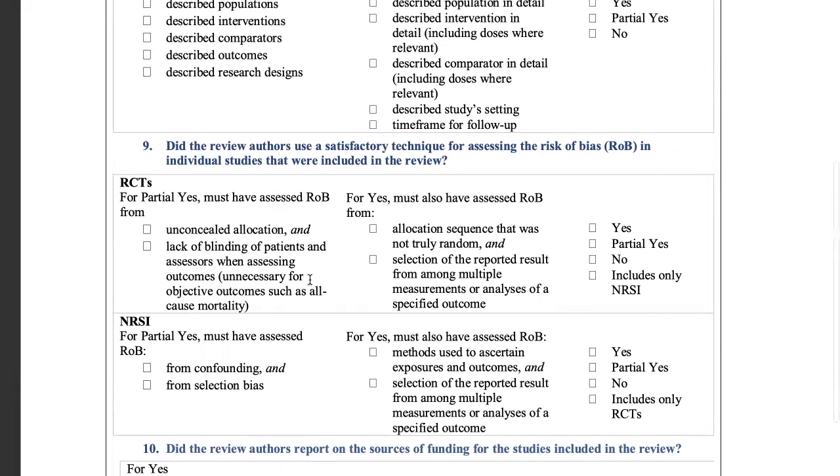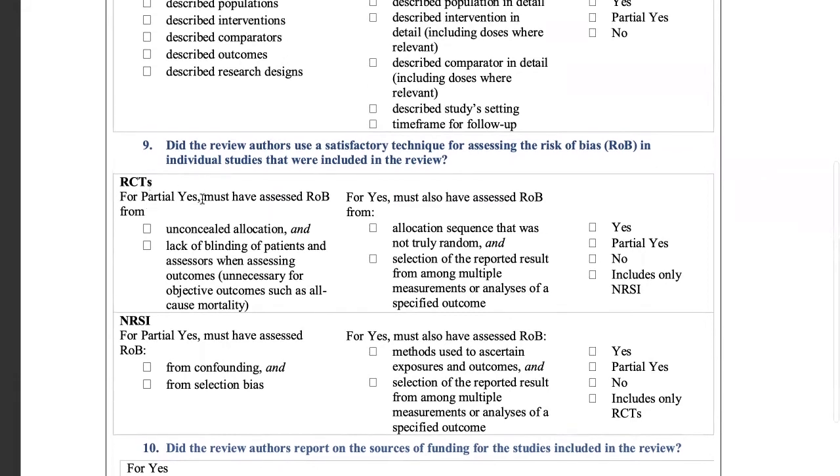For randomized controlled trials, for partial yes, authors must have assessed risk of bias from unconcealed allocation and lack of blinding of patients and assessors when assessing outcomes, except for objective outcomes such as all-cause mortality.